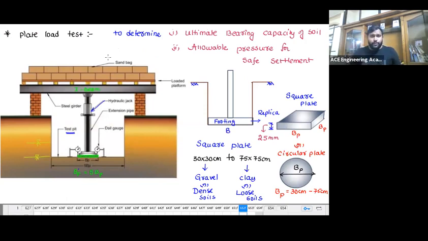So initially what we do is, this is a soil and this is some plate.